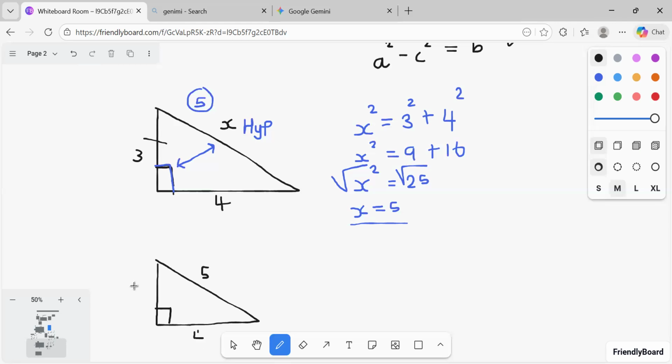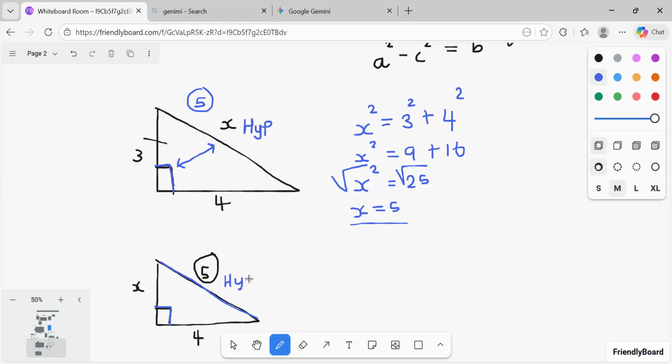And the side that I need to find is this side x. Okay, so I already know that this 5 here is my hypotenuse, because it is opposite the right angle. Okay, so this happens to be my hypotenuse.